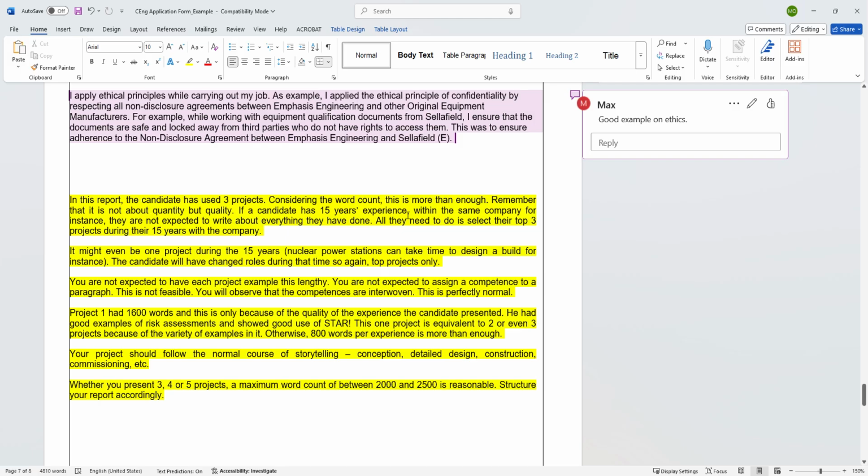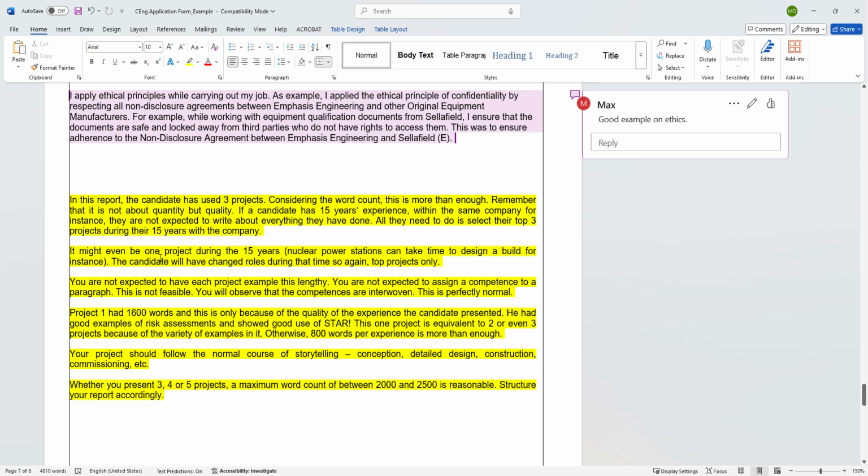If a candidate has 15 years of experience within the same company, for instance, they are not expected to write about everything that they have done. All they need to do is select their top 3 projects during their 15 years within that company. It might even be one project.